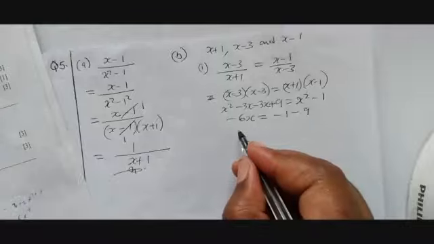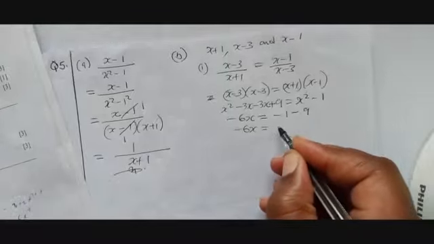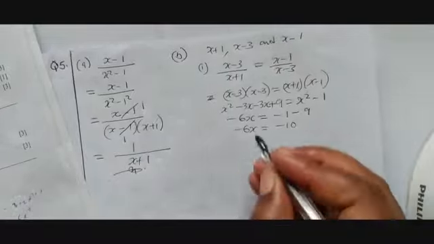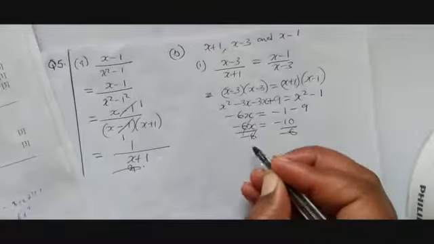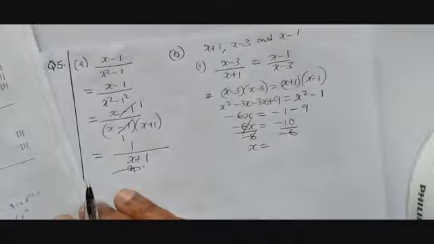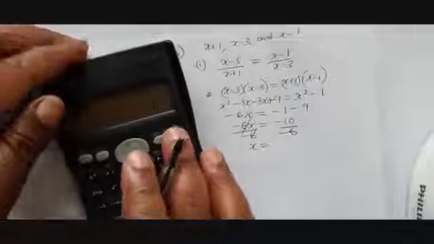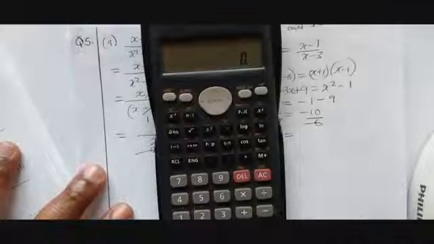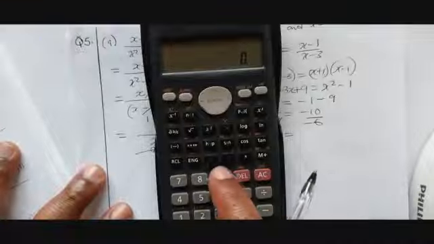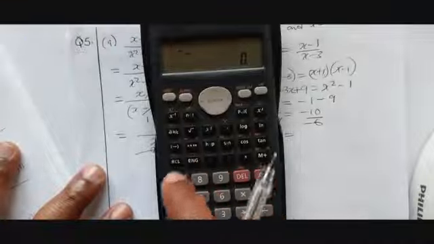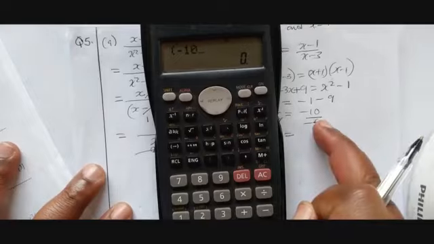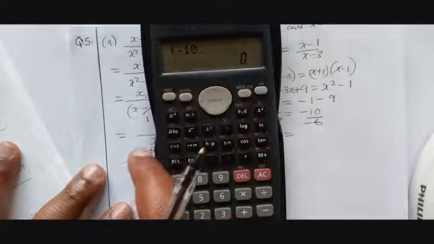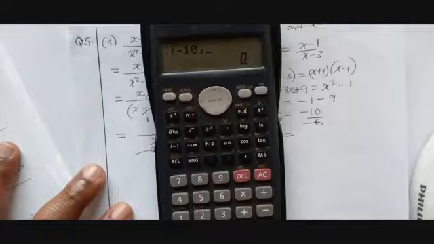So now we have negative 6x is equal to negative 10. We divide by negative 6 both sides. This and that will cancel. Here you can reduce by finding a common factor. If you are not sure, you are going to use this: you can even say negative 10 divided by negative 6.